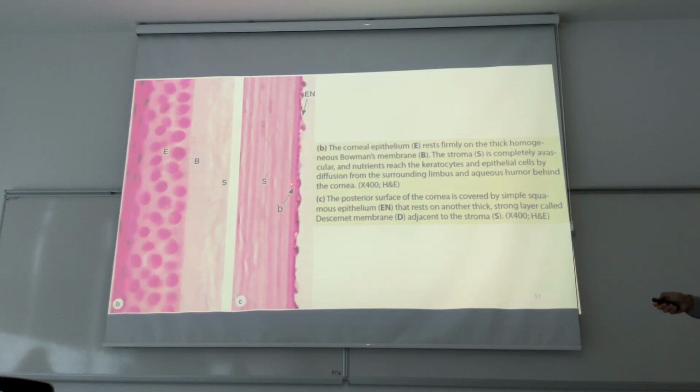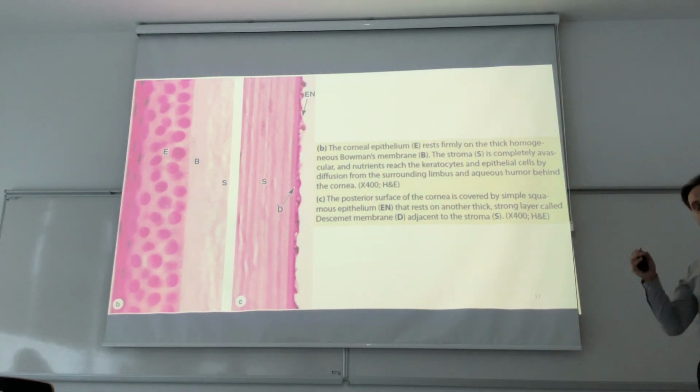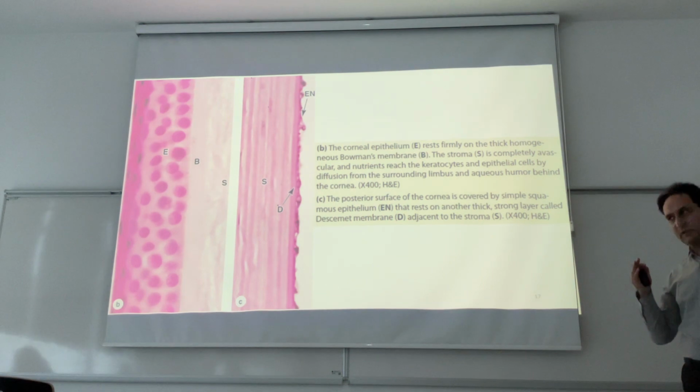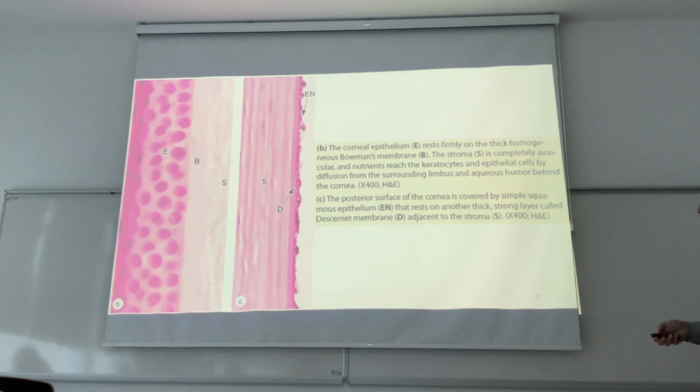Under the endothelium, we have the basement membrane, or the Descemet membrane, and here again is our stroma. I can ask a question from our practice lecture related to these pictures. You should differentiate the outer and inner layer and also the membranes.